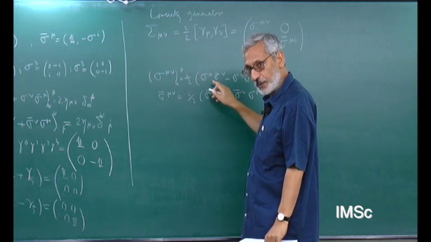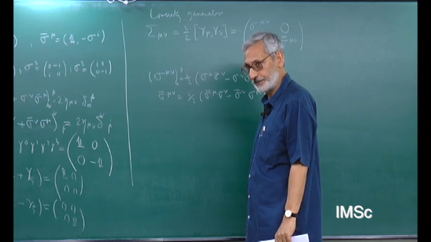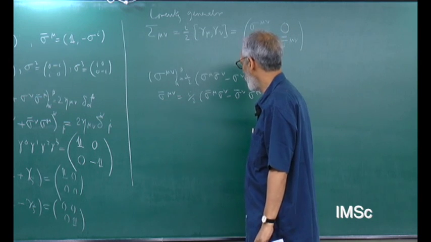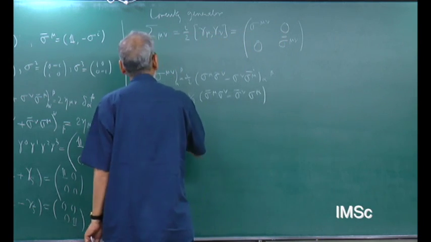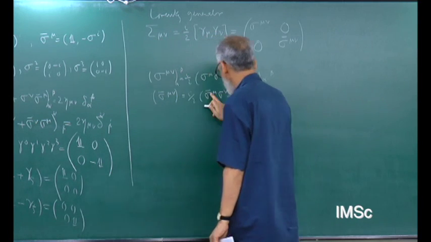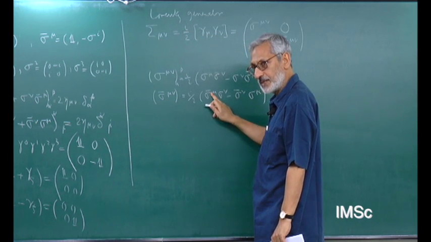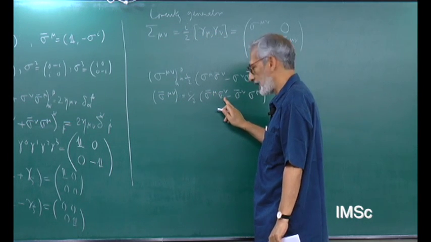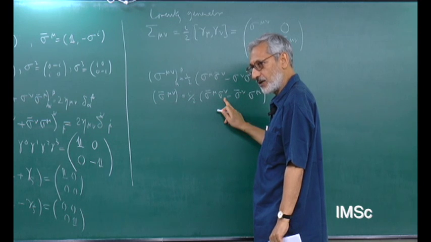The dotted ones would be contracted. Similarly here, this appears with the first dotted up, second undotted. This is first down undotted.